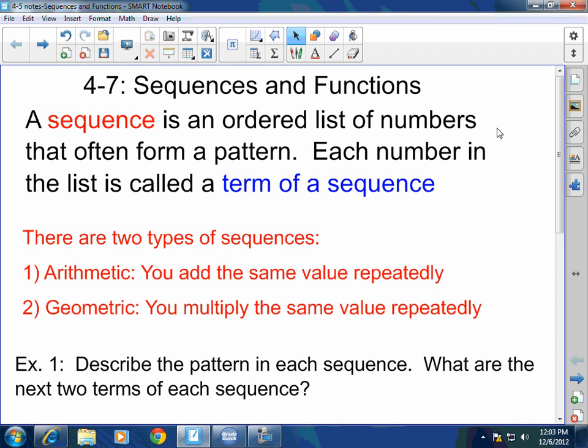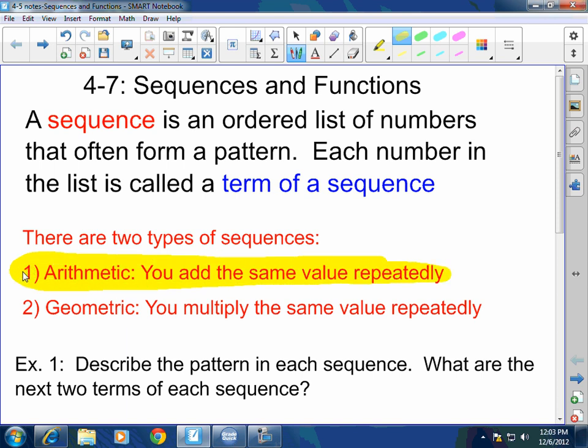Now, there are two types of sequences, guys. We are going to be working with arithmetic, okay? We are going to be working with this one. But I want to teach you both just so you know the difference and you know what to look for, okay, to give you more knowledge. So an arithmetic sequence occurs when you are adding the same value repeatedly.